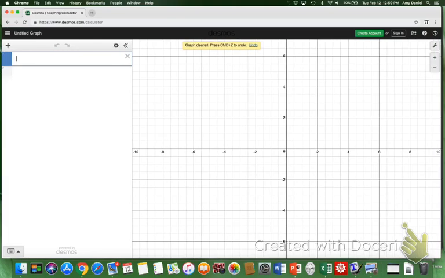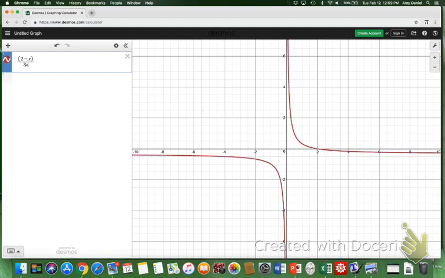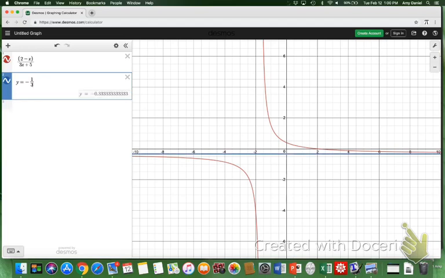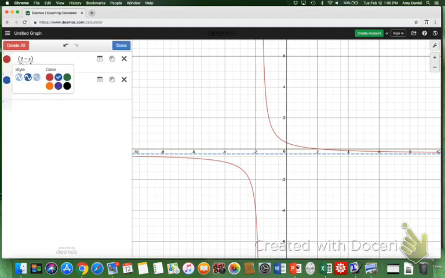All right, so I had 2 minus x divided by 3x plus 5. All right. And we said that as x goes to infinity, this was going to be approaching a y-coordinate of negative 1/3. Look at that. We found the asymptote. Okay. We found that horizontal asymptote that it's approaching.